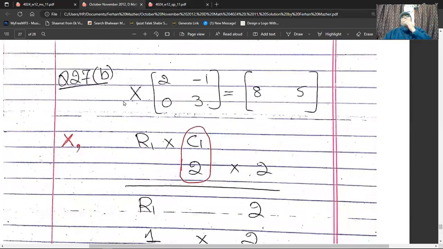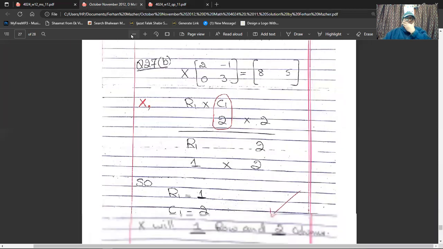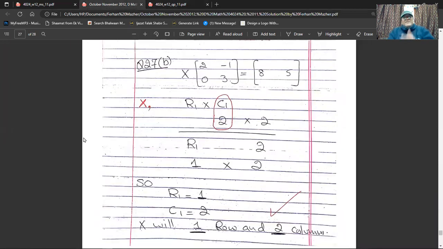So let me try to explain to you. Whenever you multiply two matrices, that is possible only if the number of columns in the first matrix and the number of rows in the second matrix are equal to each other.